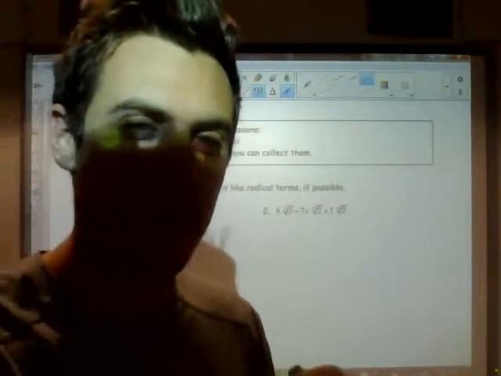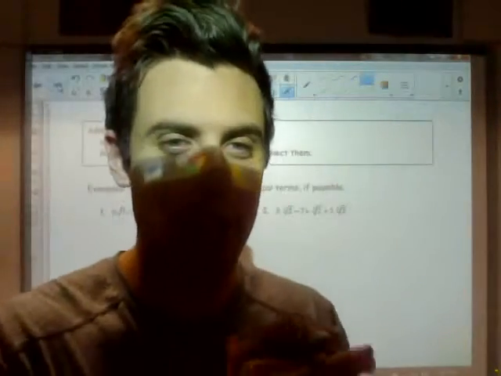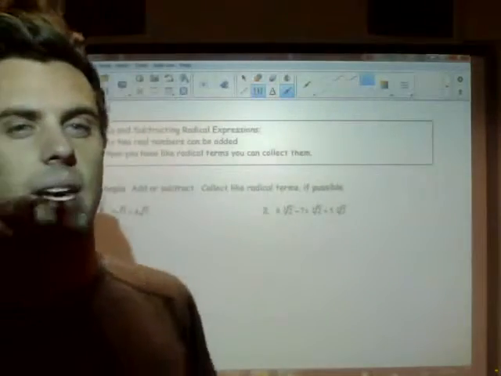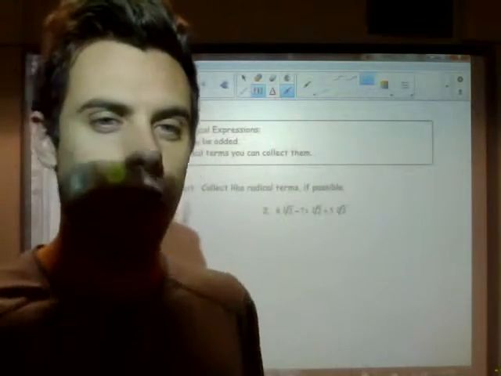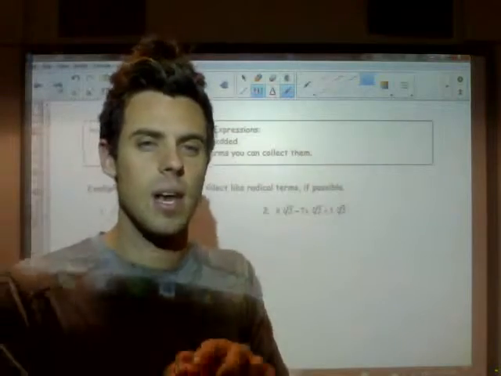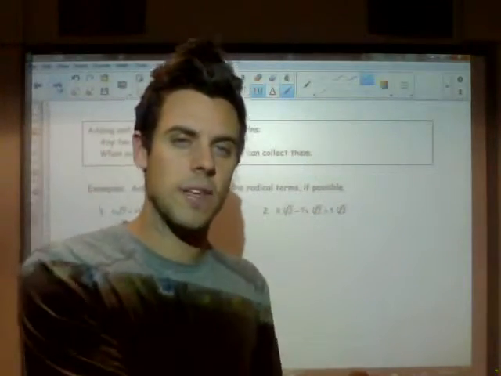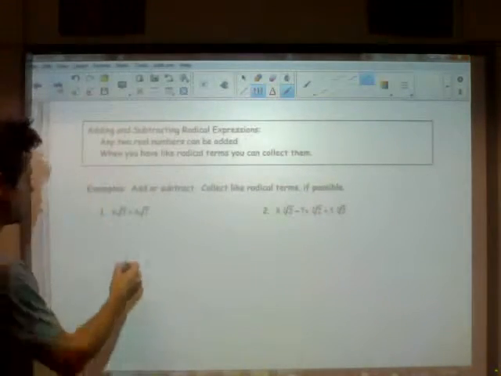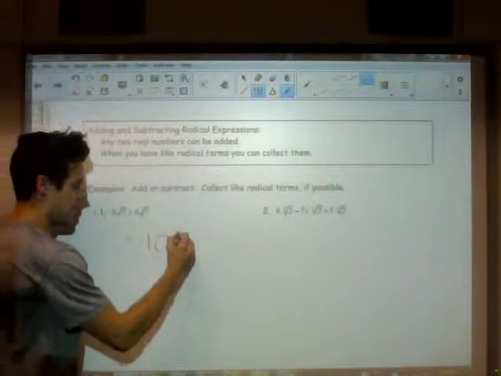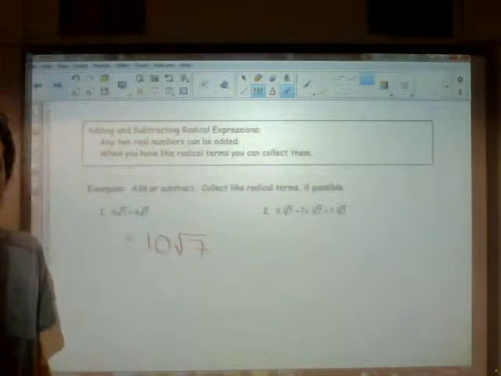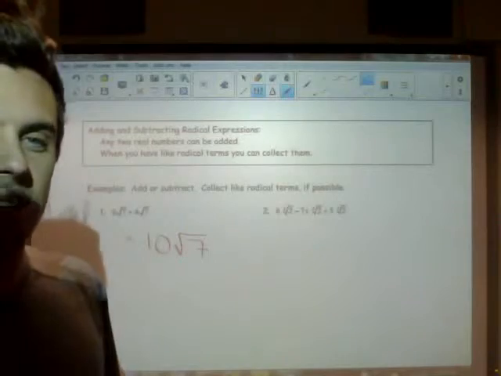That's 10 x's. The x didn't change at all, and here it's the same exact thing. The root 7 won't change at all. 6 root 7s plus 4 root 7s, in the end, is 10 root 7s. They stay as root 7.